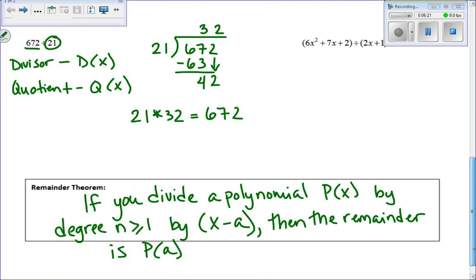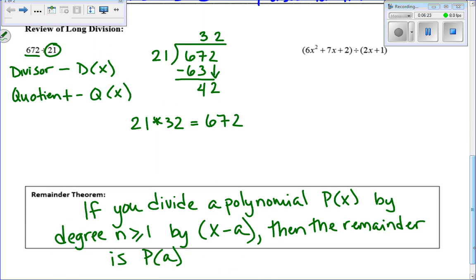Long division with polynomials. You're going to take your divisor, 2x plus 1, on the outside, and then your polynomial goes inside, 6x squared plus 7x plus 2. What you do here is you look at the first term for both.